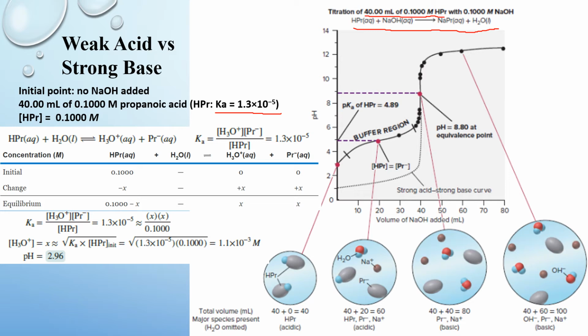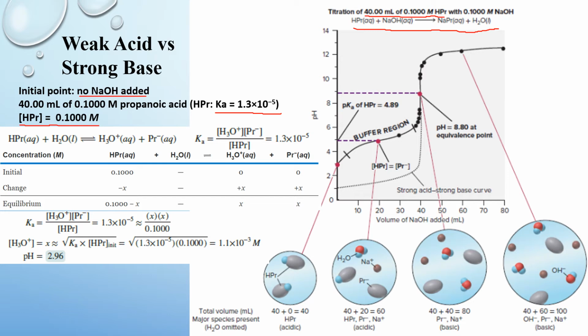So let's use the same approach as we did in the previous example. At the initial point, without adding any NaOH, we only have the acid. So the concentration of the acid molecule, HPr for short, is equal to 0.1 molar.